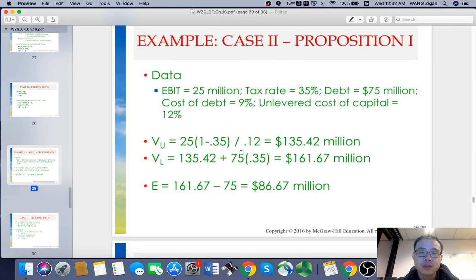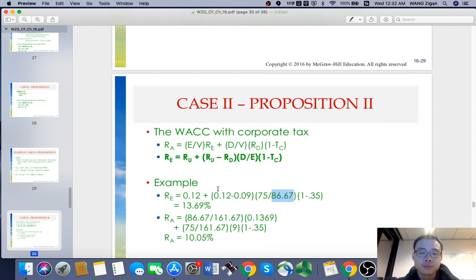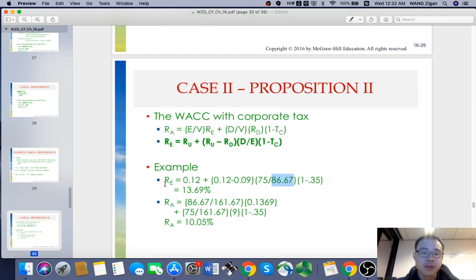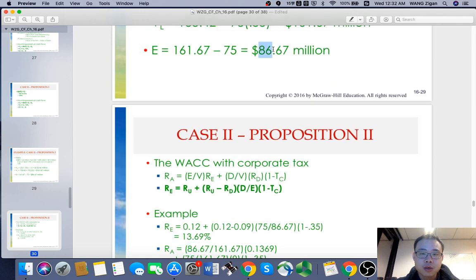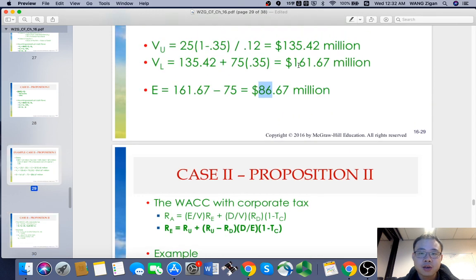RD and RU, both were given. Then you have the RU here. You can calculate the RE. When you calculate RE, you can plug the RE into this. You have the E calculated before, and you have the V calculated here.